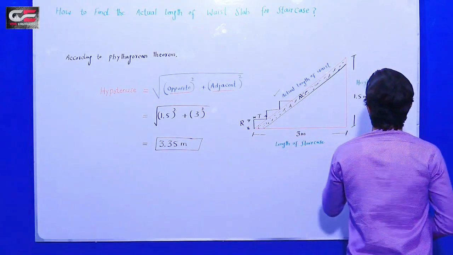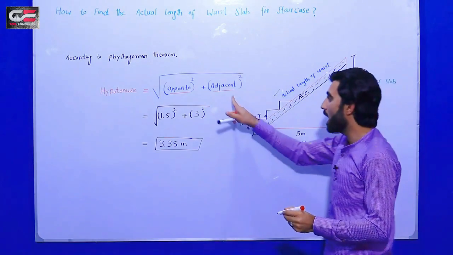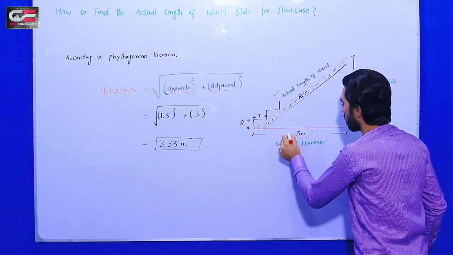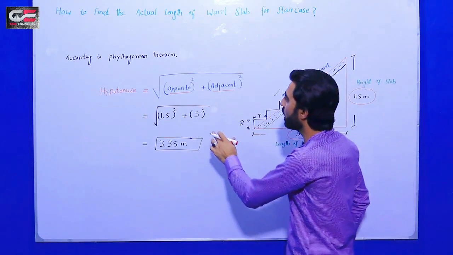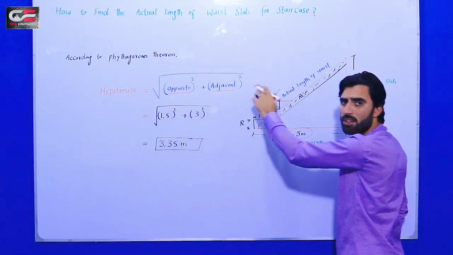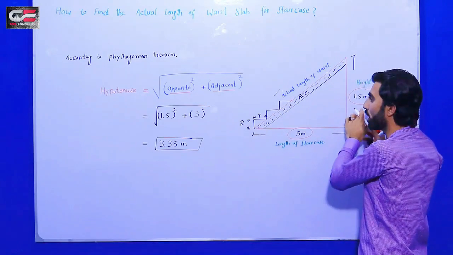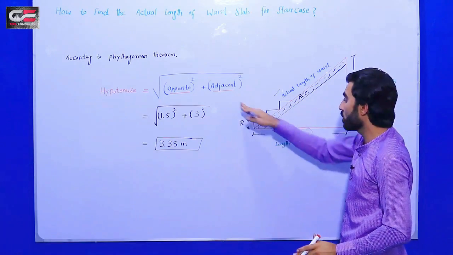The opposite is 1.5 meter. Base and perpendicular are also shown: vertical is opposite and horizontal is adjacent, which is 3 meters.